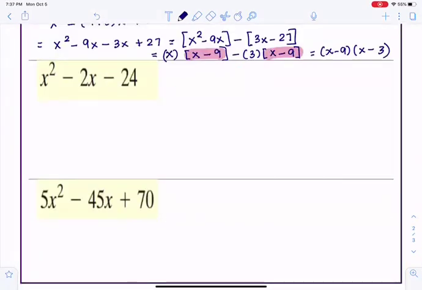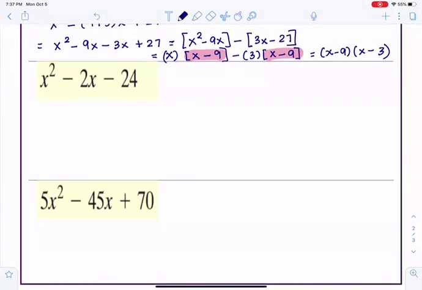So we have x squared minus 2x minus 24. I've got to come up with two numbers so that when I add them, I get minus 2, but when I multiply them, I should get minus 24. Why?